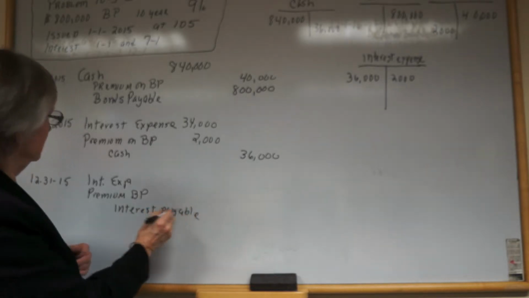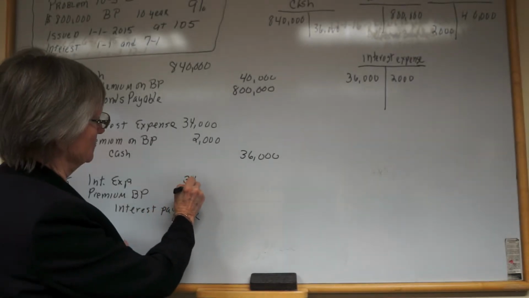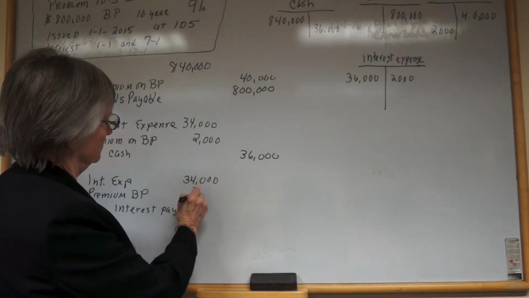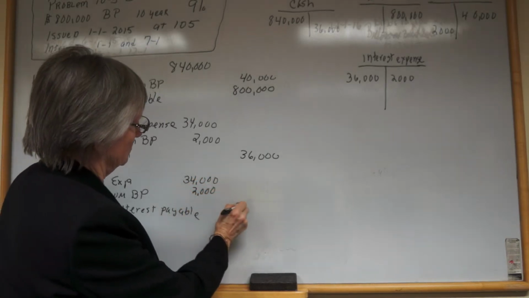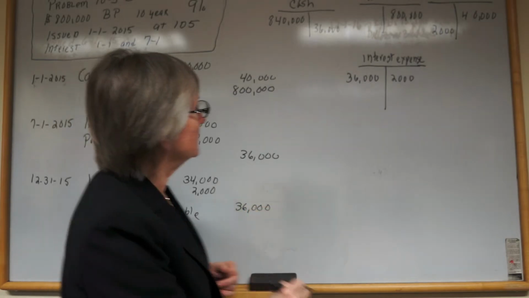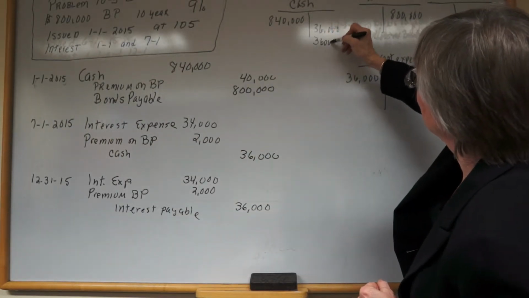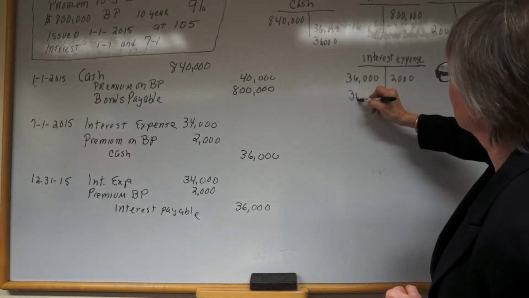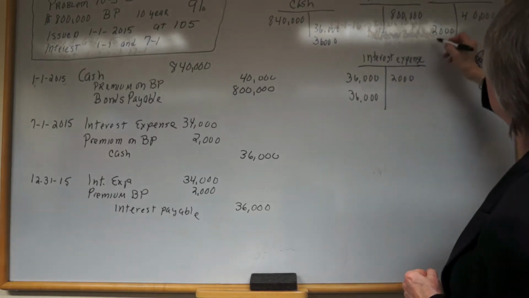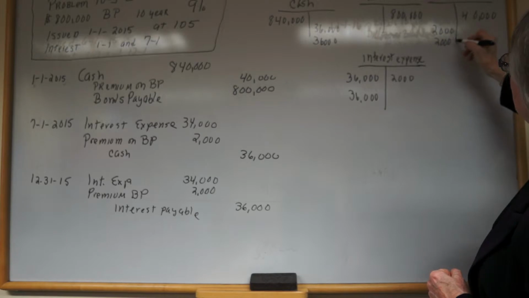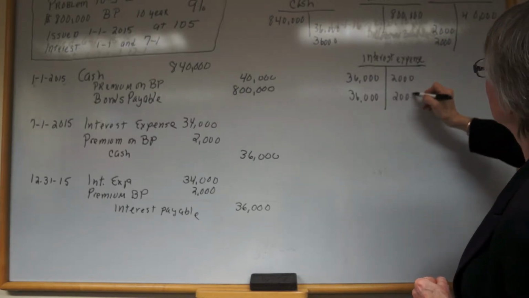But the amounts would be the same. So we would pay another $36,000 in cash, our interest expense $36,000, then we'd amortize some more of the premium, and that reduces our interest expense.